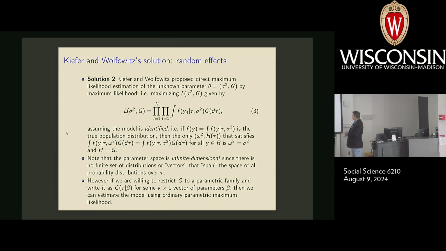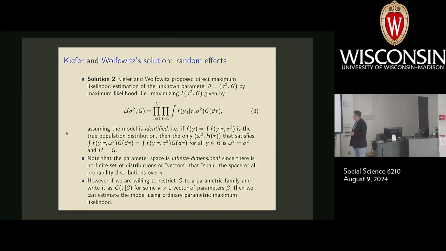So you write the conditional distribution of y given tau, and then you marginalize it out, and now you get a likelihood in these two parameters, the g and the sigma, and they propose, let's just maximize directly over all distribution functions as one of our parameters, right?